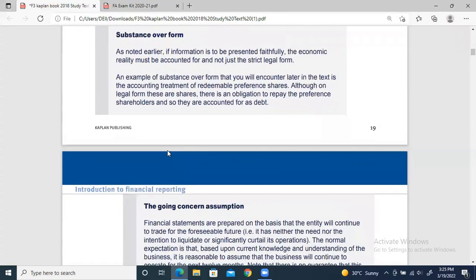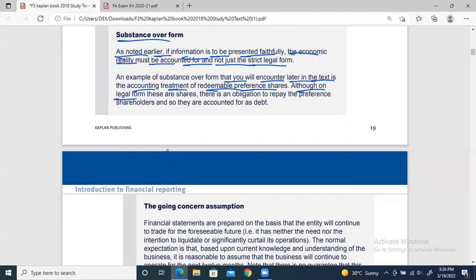Now, after that, we have one more: substance over form, right? As noted earlier, if information is to be presented faithfully, the economic reality must be accounted for and not just the strict legal form. An example of this that you will encounter later in this text is the accounting treatment of redeemable preference shares.